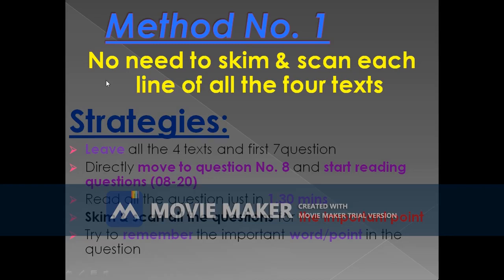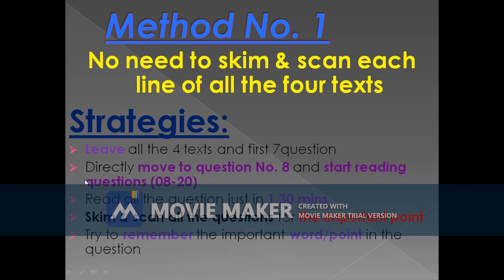In method number 1, there is no need to skim and scan each line of all the 4 texts at the start. First of all, just leave all the 4 texts and the first 7 questions. Don't touch any of the texts or the first 7 questions.